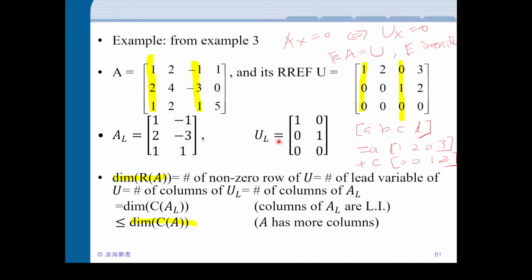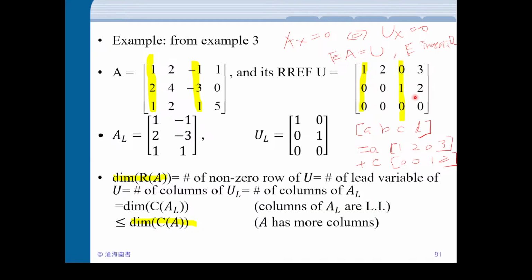This is an operation that's very hard to describe in words, but easy to see here. We just take the columns that correspond to the lead variables of U, and then the corresponding columns from A. So we have A and U here, and the first thing we do is get this UL. You just look at the lead variables here. The lead variables are this 1 and 1, and each lead variable has its column.